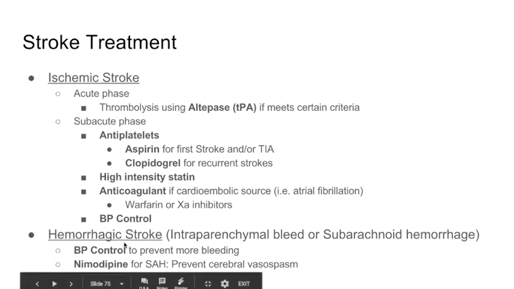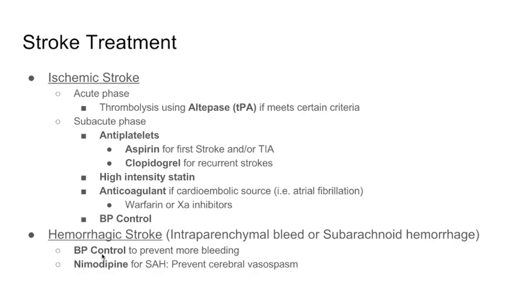Lastly, if it's a hemorrhagic stroke, like an intraparenchymal bleed or subarachnoid hemorrhage, you try to control the blood pressure to prevent more bleeding, and you give them a medication called nimodipine for subarachnoid hemorrhage, and that's used to prevent cerebral vasospasm.